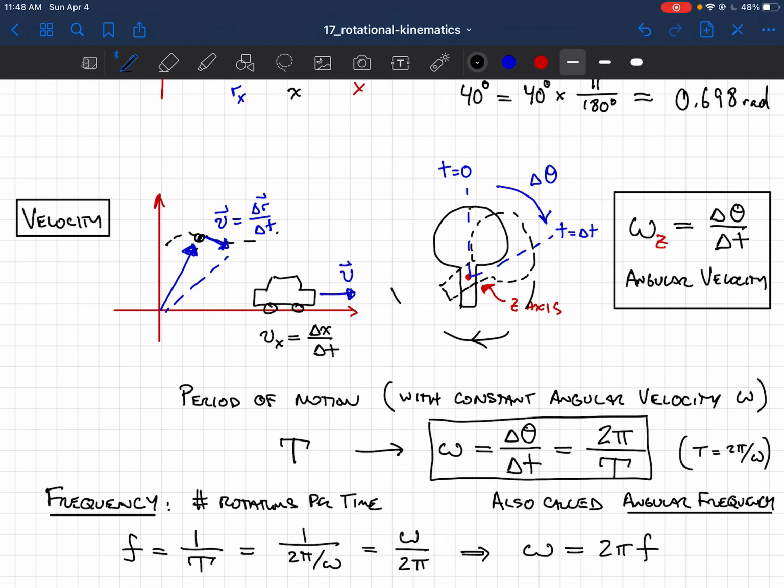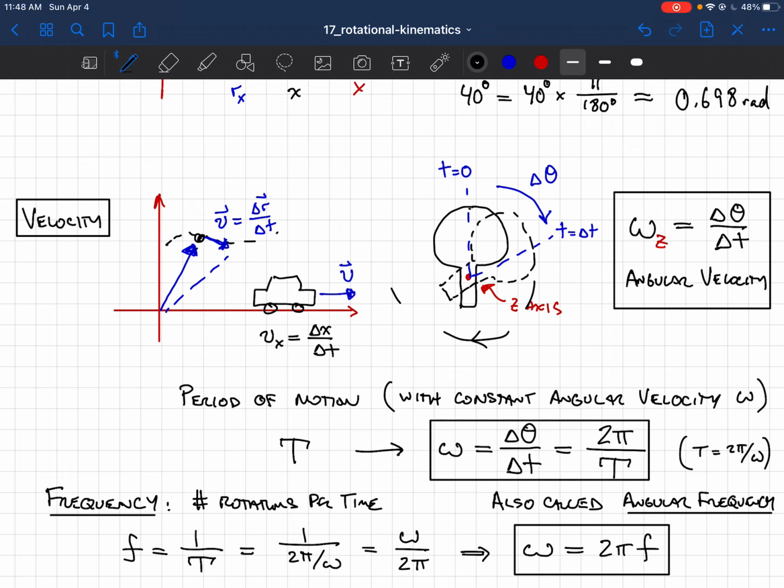So we have a few equations that we have here. One is omega is 2 pi over T, which is the same as T is 2 pi over omega. And we also have omega is equal to 2 pi f, which is the expression of omega as an angular frequency. And these are really only for the case of constant angular velocity, because if the angular velocity is changing, then you can't say that there's a constant period of motion anymore.